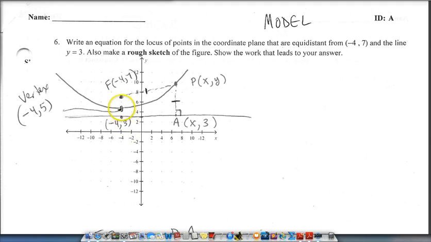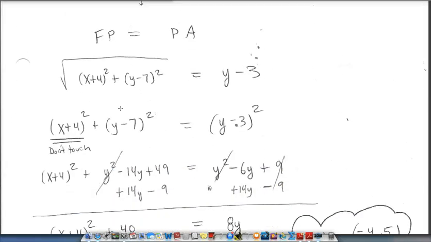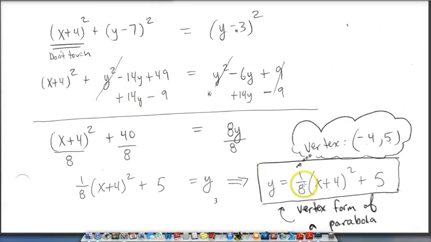I know that the point on the parabola has to be the same distance from the focus and the directrix, so it would have to have negative 4 for the x coordinate, and the y coordinate would have to be halfway between 3 and 7. And we know that that number that satisfies that is a 5. So then it makes sense that the vertex will be at (-4, 5), which is what the vertex form of the parabola tells us.